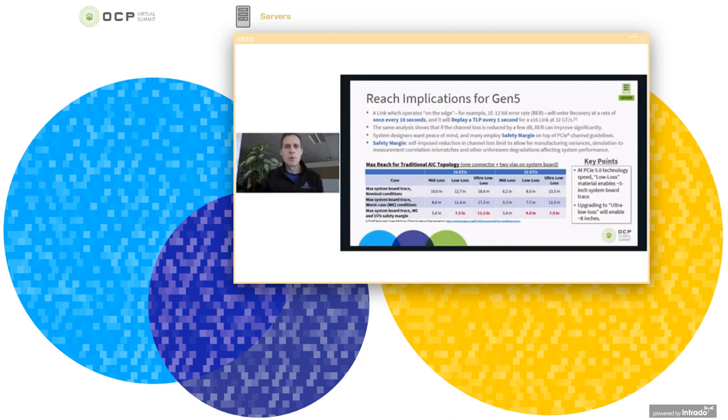It's basically a self-imposed reduction in the loss limit that you target for your system design to effectively give you peace of mind. So if you factor in a safety margin of about 15%, then at 32 gigatransfers per second, you're roughly dealing with the lengths shown in this table below.